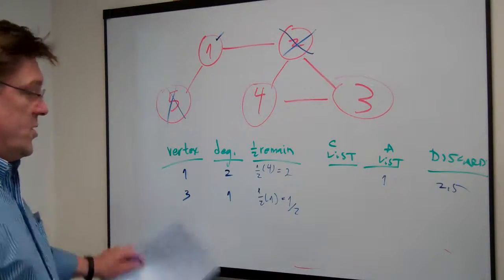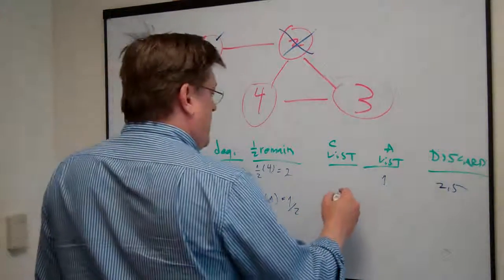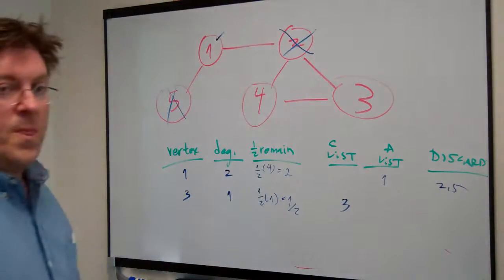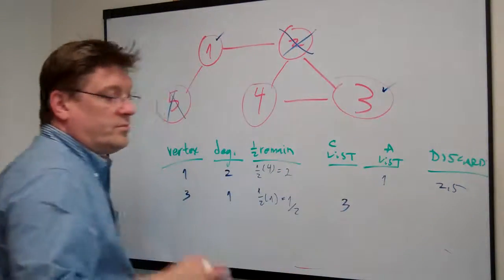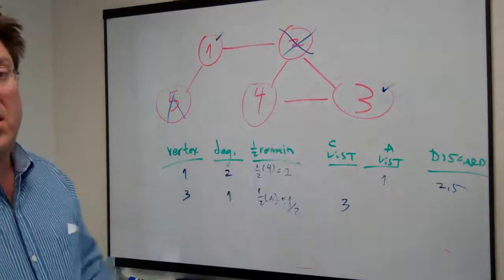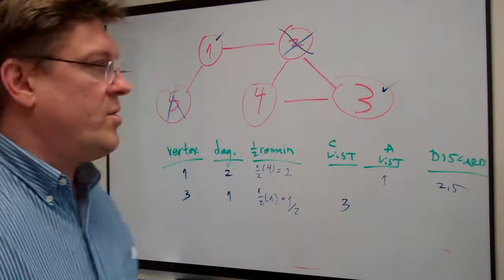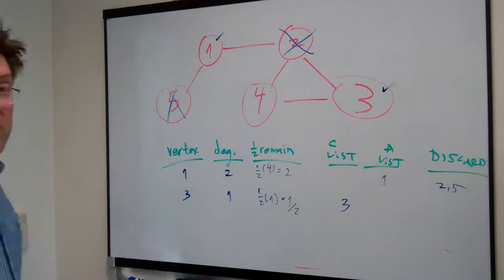So is it greater than the number of remaining nodes? Yes, it's greater than that. So that means node 3 is going to be in the click list. Now we discard all the nodes that are not connected to 3, but 4 is connected to 3. So that's the one. 5's already been discarded.